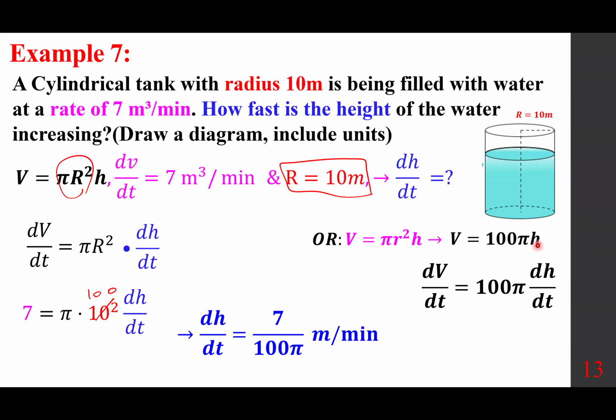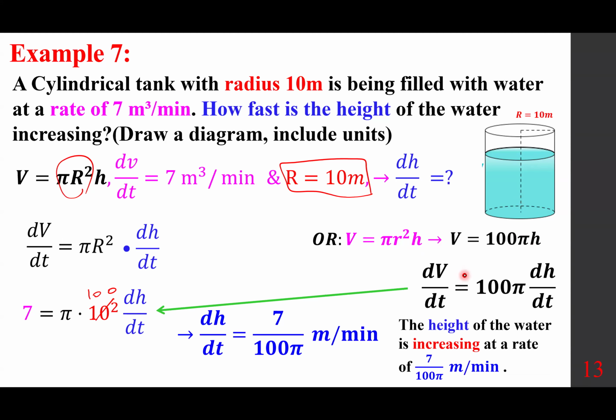And that gives you exactly the same thing. So either way is fine. It is probably faster and easier to write this. And of course, now the height of the water is increasing at the rate of 7 over 100 pi meters per minute. Why is it increasing? Because this number was positive.